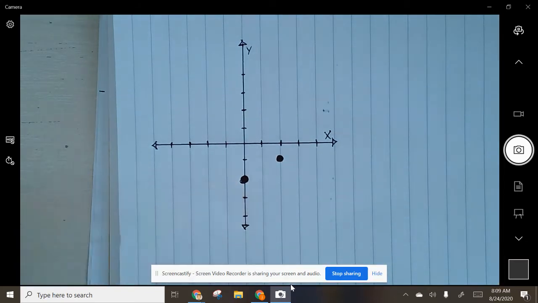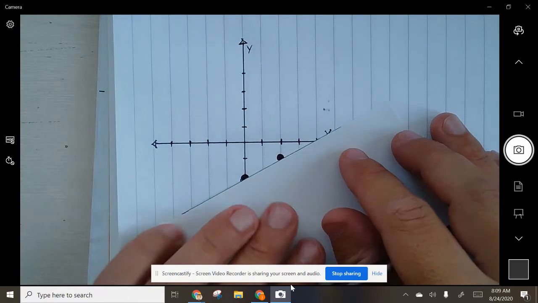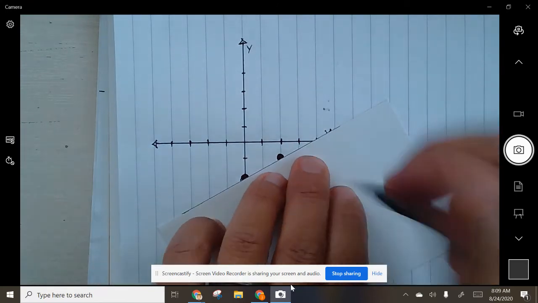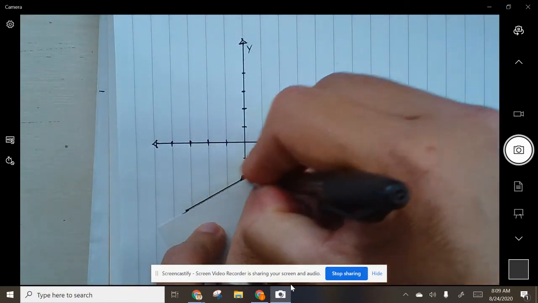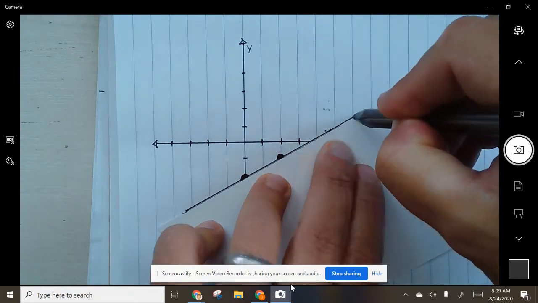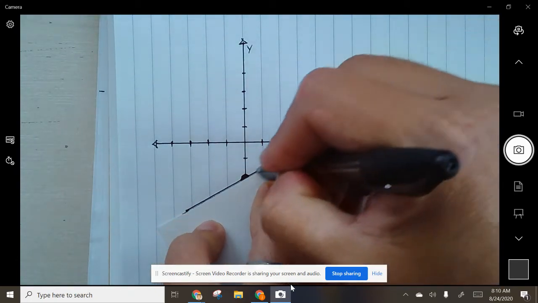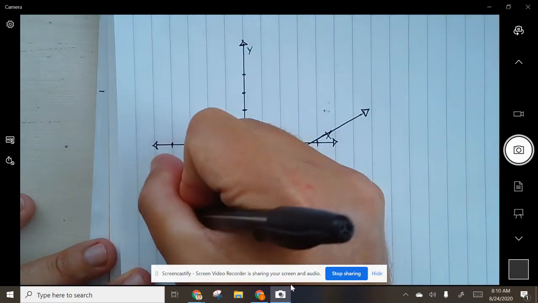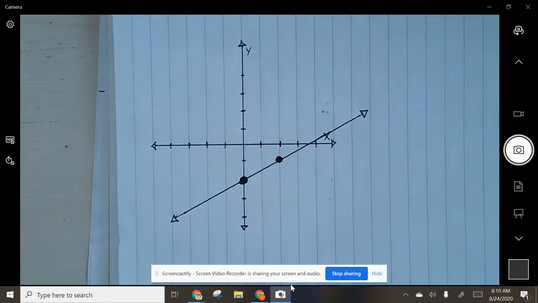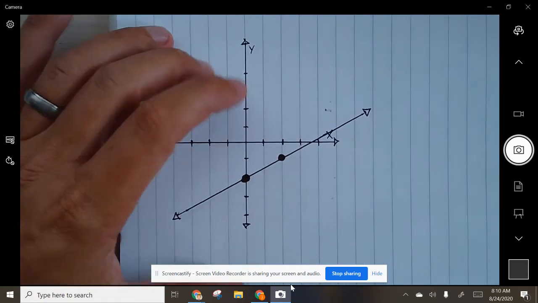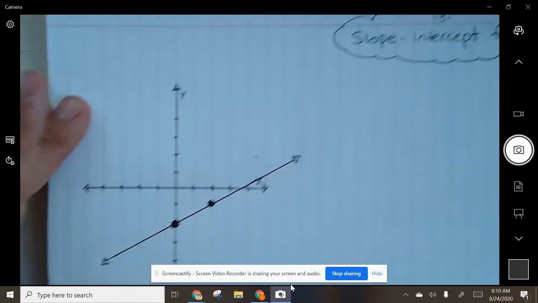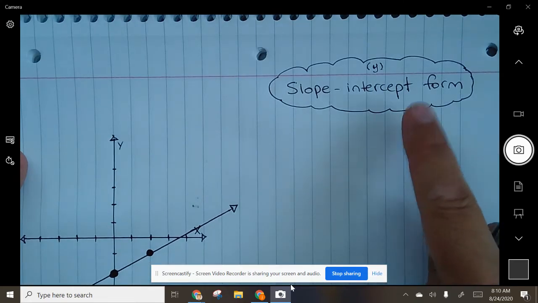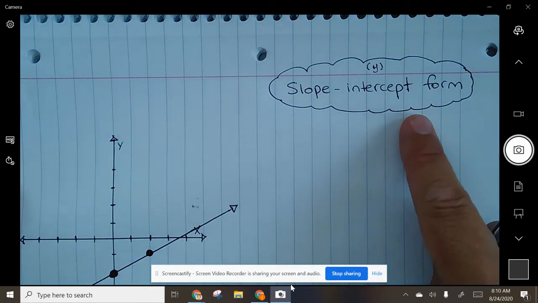So look at those 2 points and then try to draw a nice line through those. Okay. And basically this is the line you're going to take and you're going to put it into this kind of equation. And we're going to talk all about what it looks like, okay?